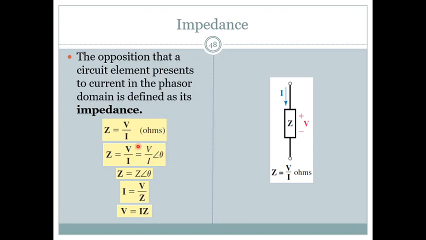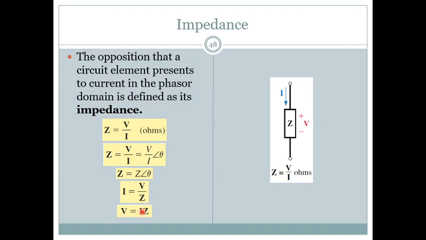If you write the voltage in the complex form and the current in the complex form and divide voltage by current, you get the impedance. So impedance is also represented in the complex number domain. It has an amplitude and an angle.